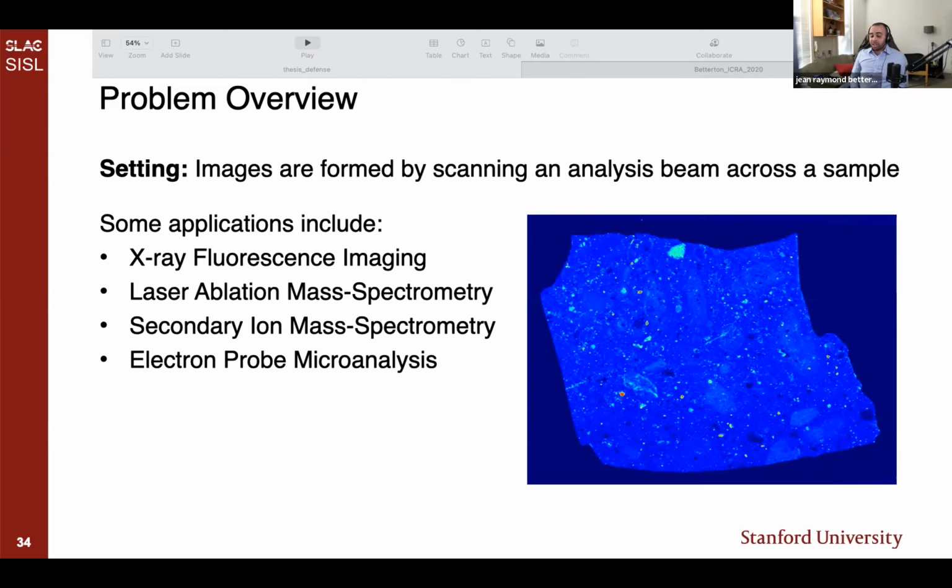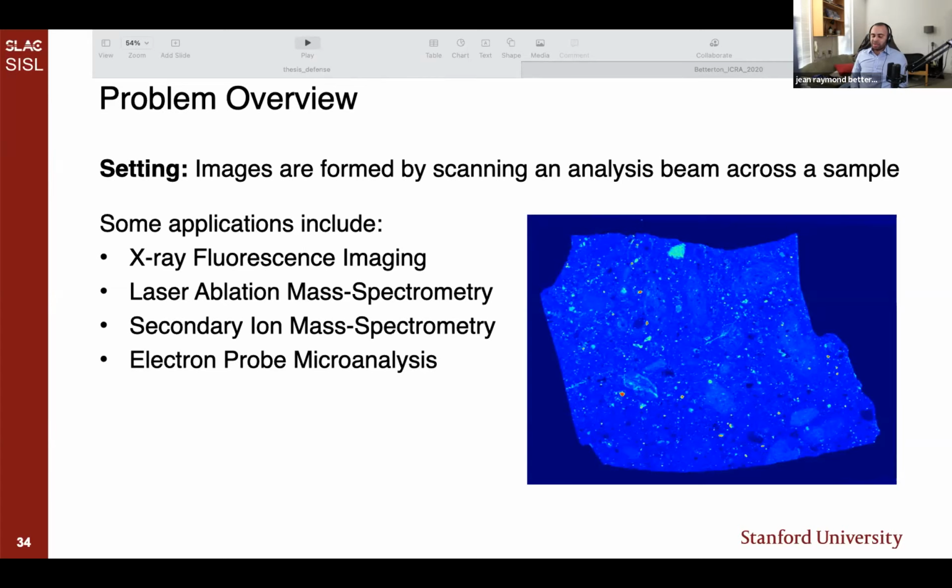So this work is going to focus on imaging applications where we take measurements by scanning a probe beam across a sample. The idea is to take enough measurements to create an image of the sample, often in cases where we want to visualize a signal that is not visible to the human eye.